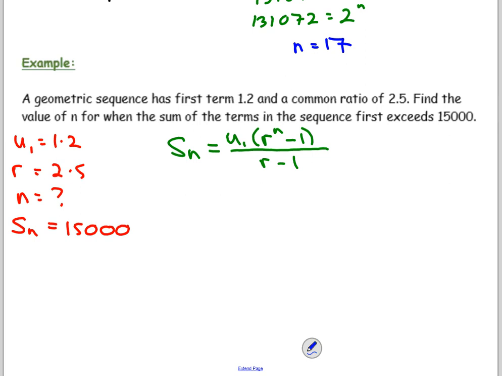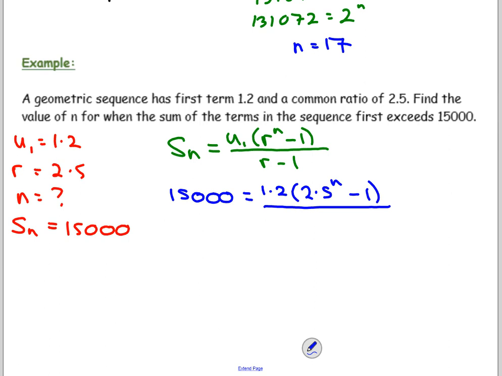because you get a good method mark for doing that. We don't know what n is, so we just leave it as n. R minus 1. Sometimes I'm lazy and I just go straight to saying 1.5.